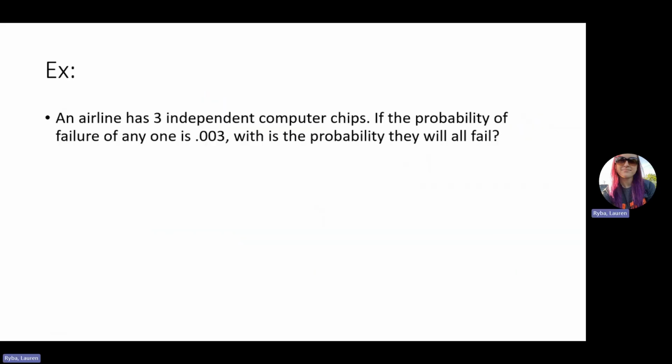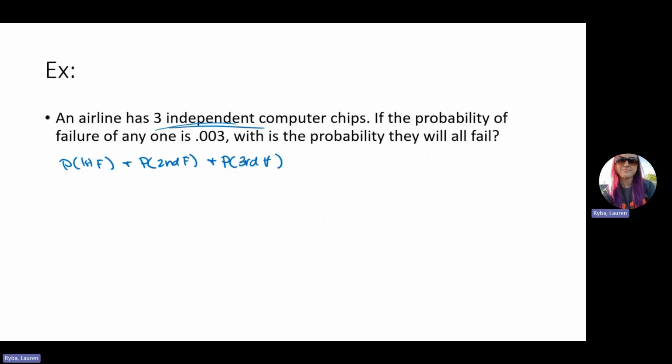Says an airline has 3 independent computer chips. If the probability of failure of any one is 0.003, what is the probability that they all fail? So this is just a multiplication. So probability first fails, and the probability the second fails, and the probability the third fails.